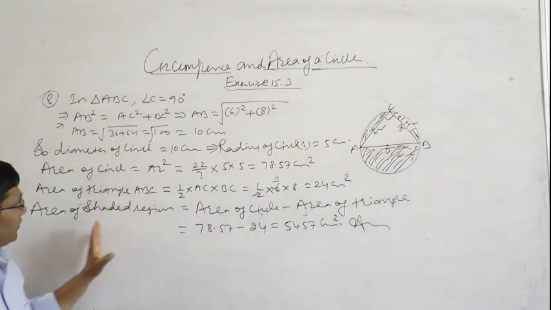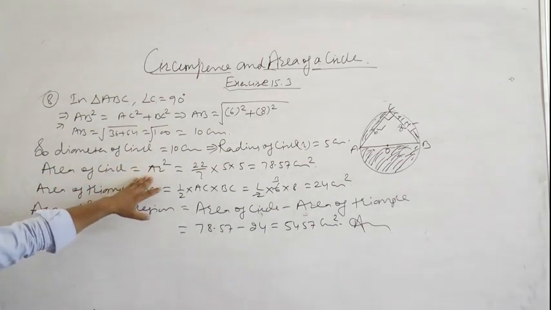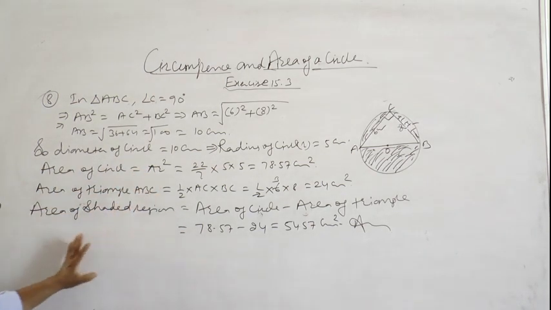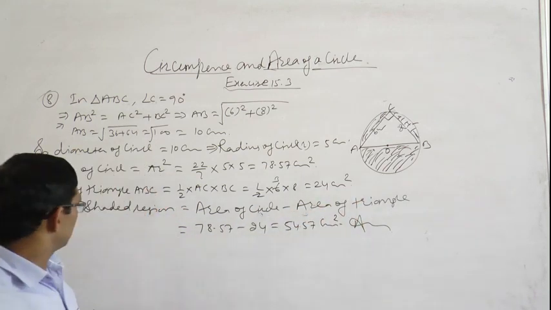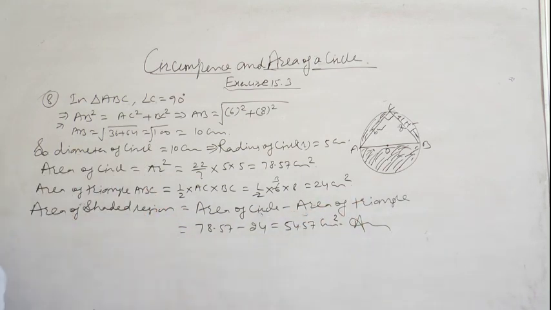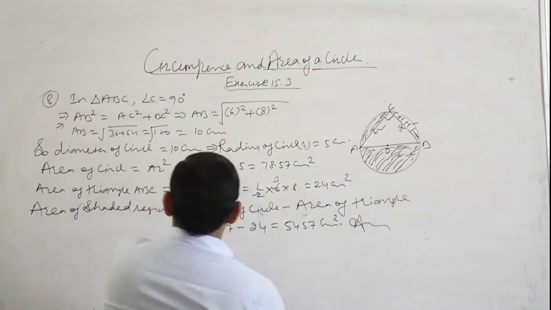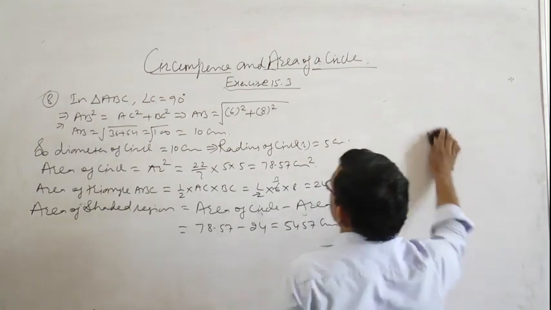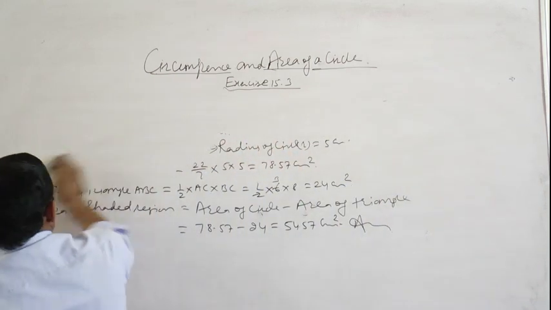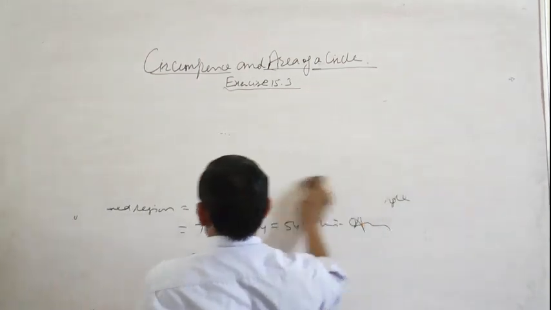With the help of radius we find area of circle and area of triangle. Then area of circle minus area of triangle, we get area of shaded region. So area of shaded region is 54.57 centimeter square. By using this method we solve question number 8.